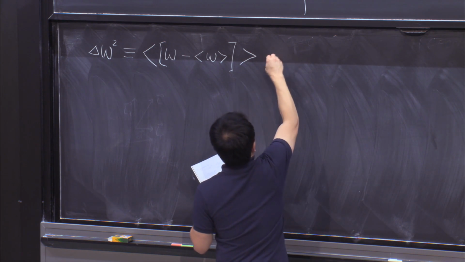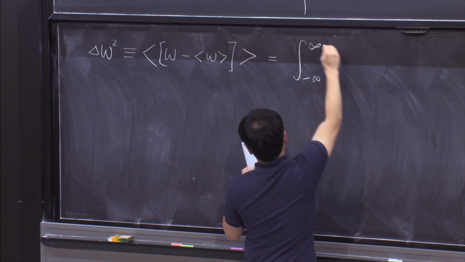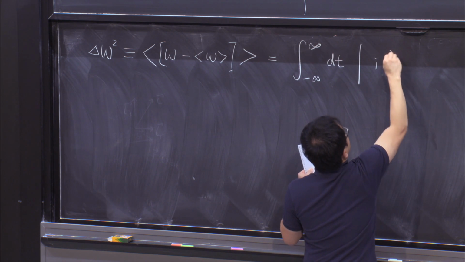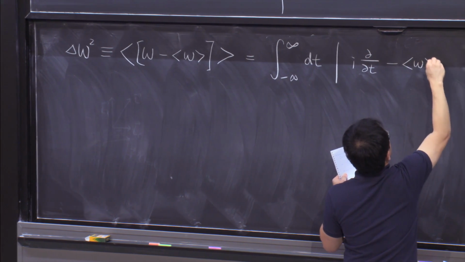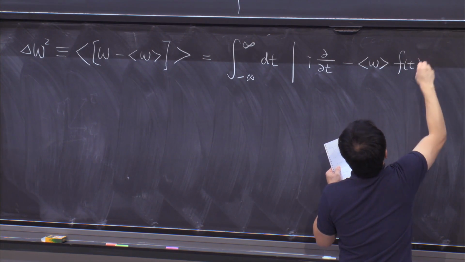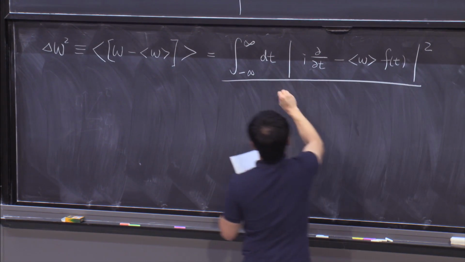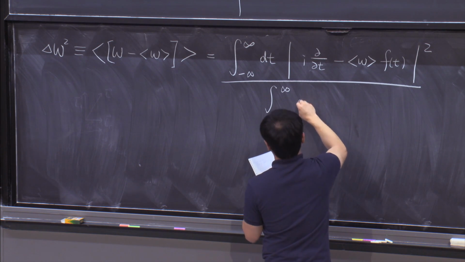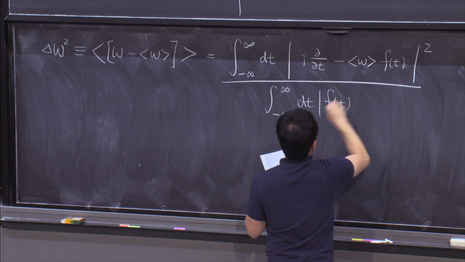And if I write it down explicitly, basically I get the integral from minus infinity to infinity dt of I partial t minus the average value of omega, acting on f of t, squared, divided by the integral from minus infinity to infinity over dt of f of t squared.